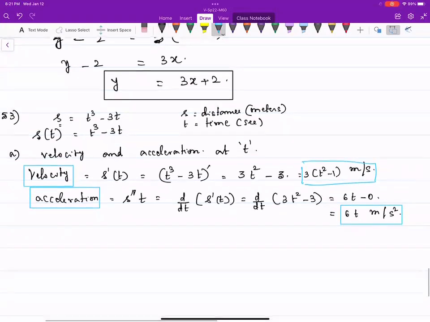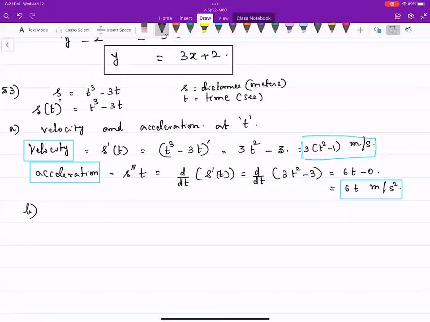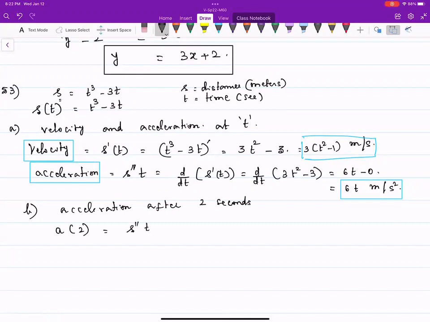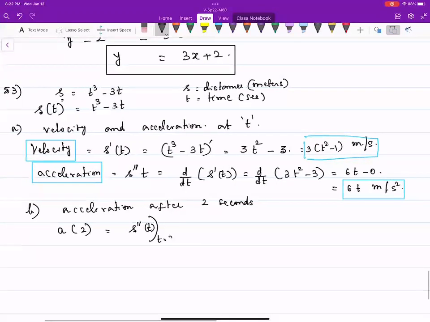Now let's get to the second part of the problem, which is asking for the acceleration at a particular time. The question is asking us to find the acceleration after 2 seconds. In other words, we are going to find a at 2, or s double prime t, the second derivative, at t equal to 2.